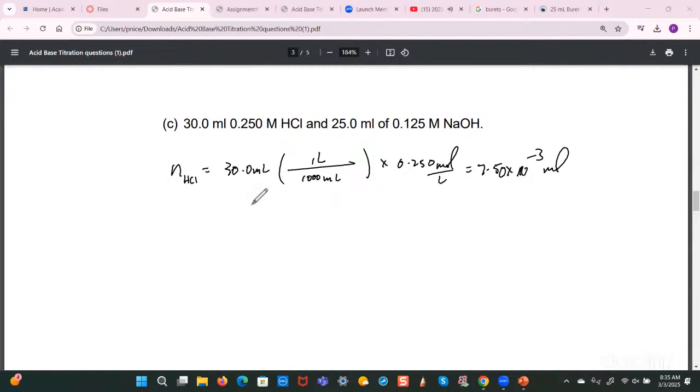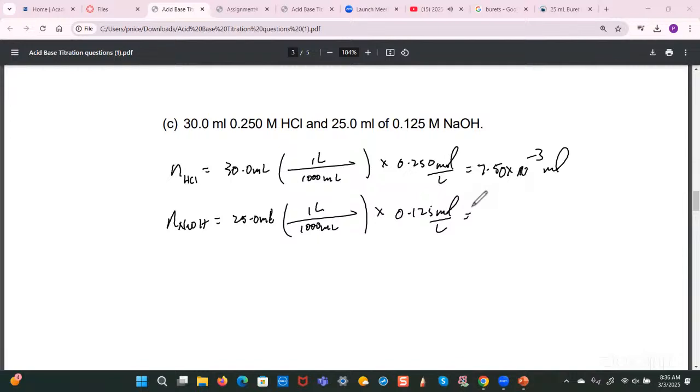And then we do a similar calculation for the base. Number of moles of sodium hydroxide is equal to 25.0 mils, which we have to convert to liters, so 1 liter over 1,000 mils, and then we multiply by the molarity, which is 0.125 moles per liter. So let's see what that gives. 25 times 10 to the minus 3 times 0.125.